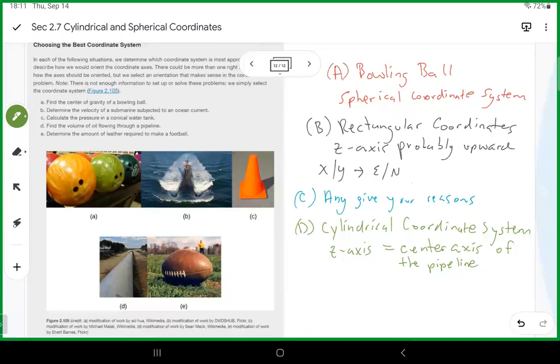So the only other thing they gave us was the x-axis, what do they want us to do with that again? Oh, chosen to point straight down. X-axis straight down.